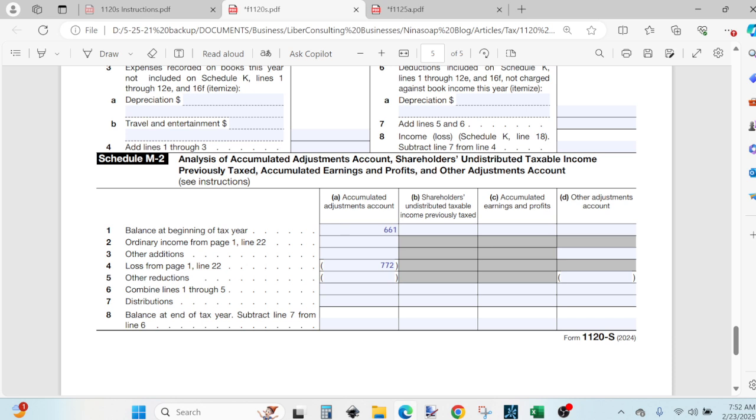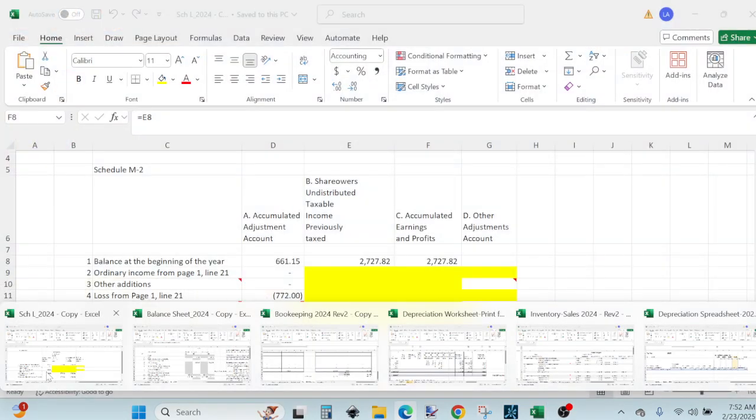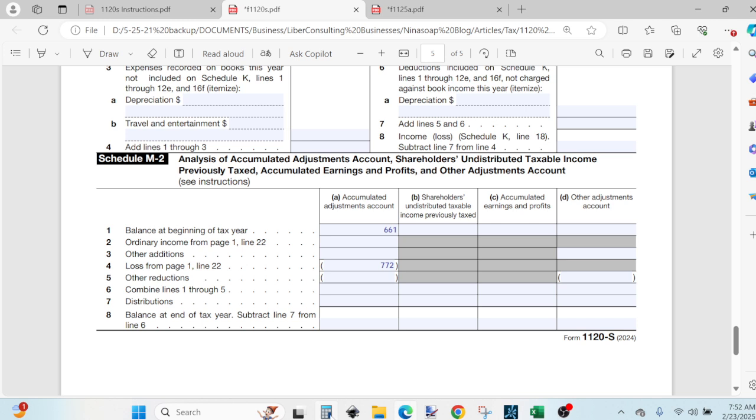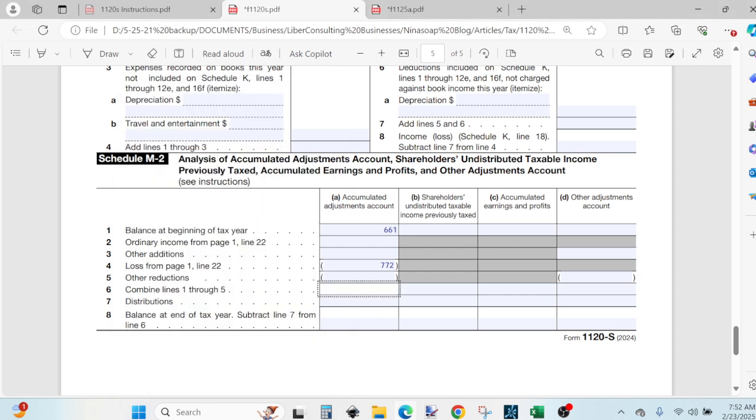Combine line 1 through 5. First, let's go back and see if that's negative or plus. So that's a plus number there. We can use our calculator here, plus C61 is giving us negative 11, 11, 11. So we are having negative 11 there.